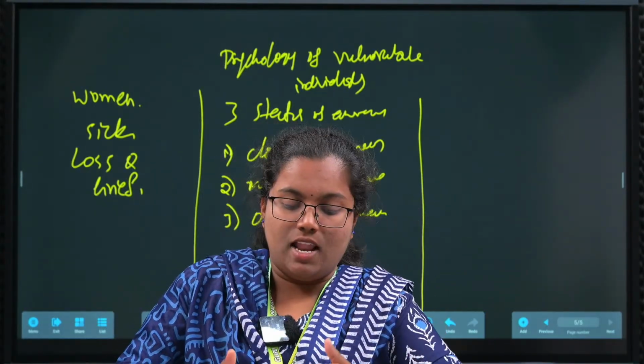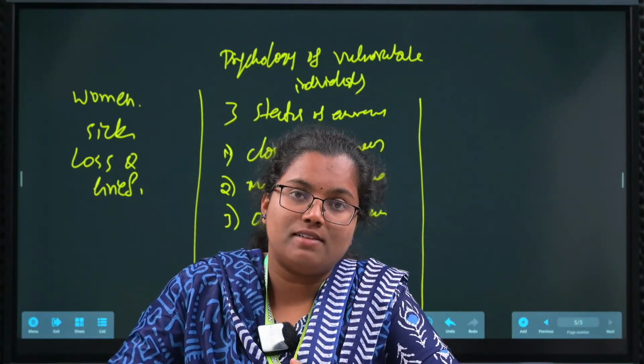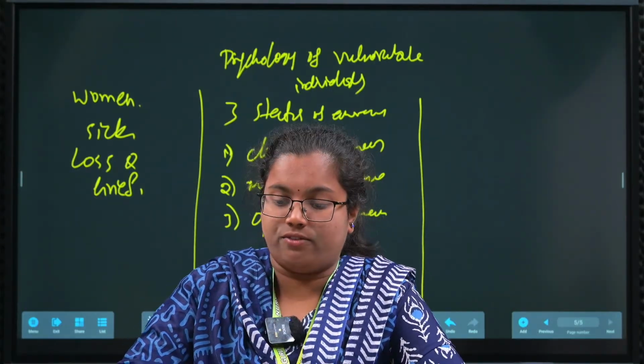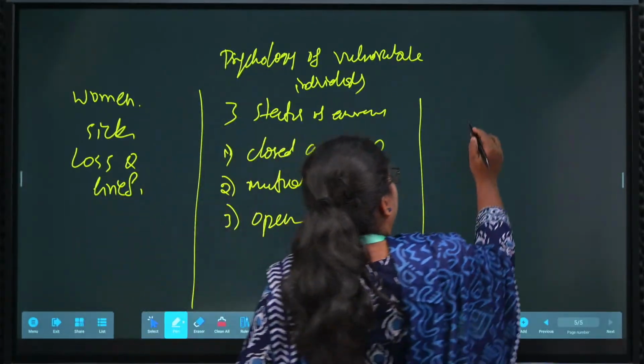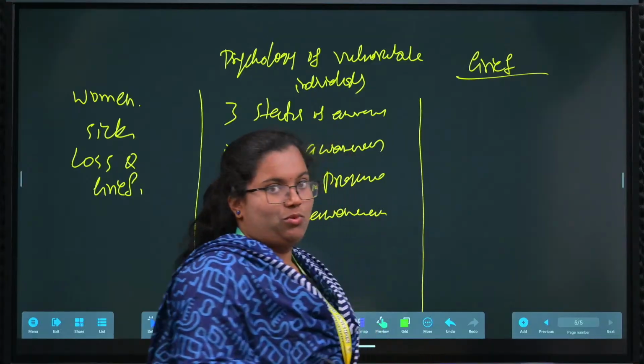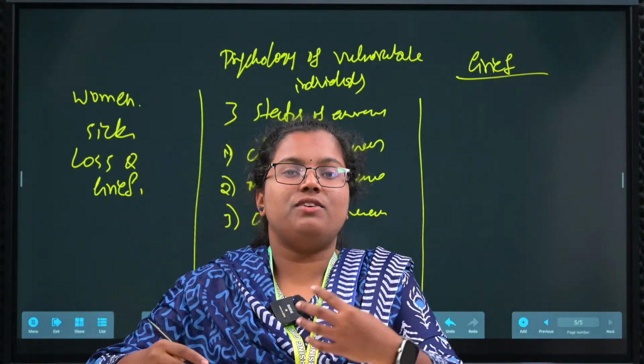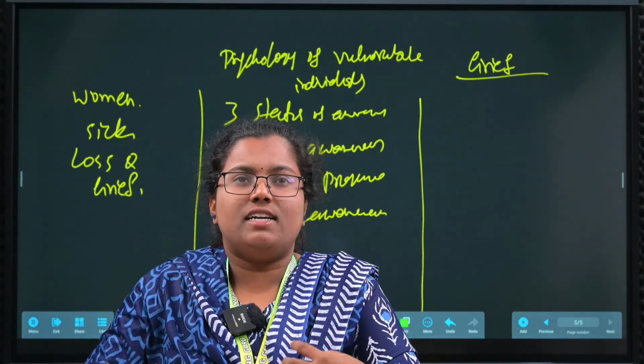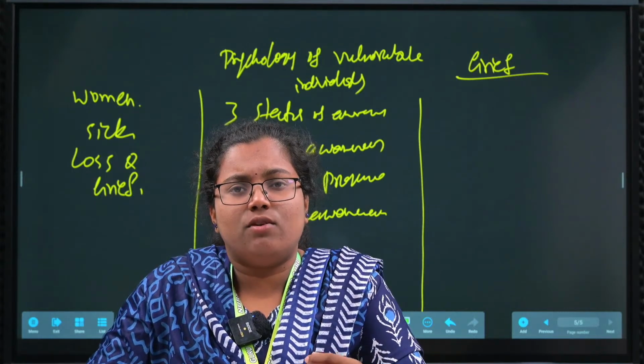And our last topic from developmental psychology is grief. What is the meaning of grief? Grief means an excessive level of sadness.